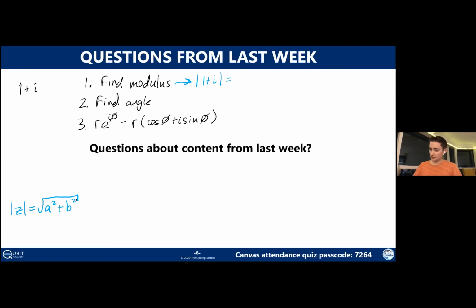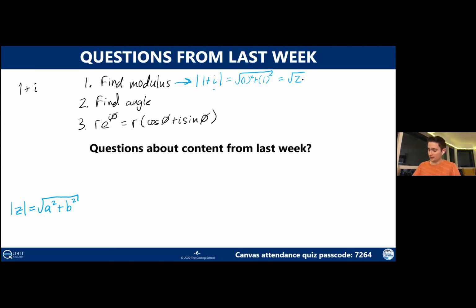Here, the real component a is 1. The imaginary component b is also just 1. Imagine there's an invisible coefficient 1 in front of the i there. So to find the modulus, we're going to take the square root of 1 squared plus the coefficient in front of the i, which is 1 squared, which is just the square root of 2.